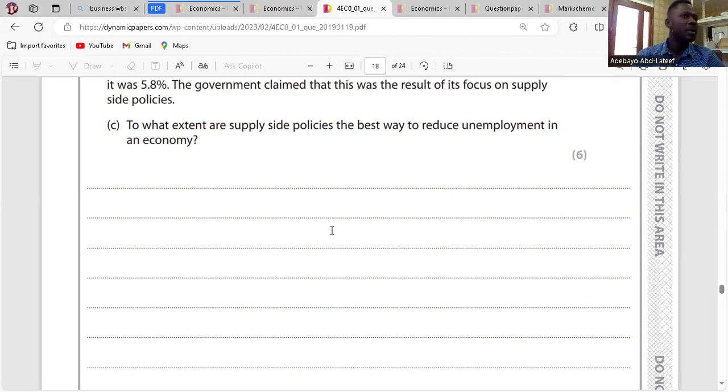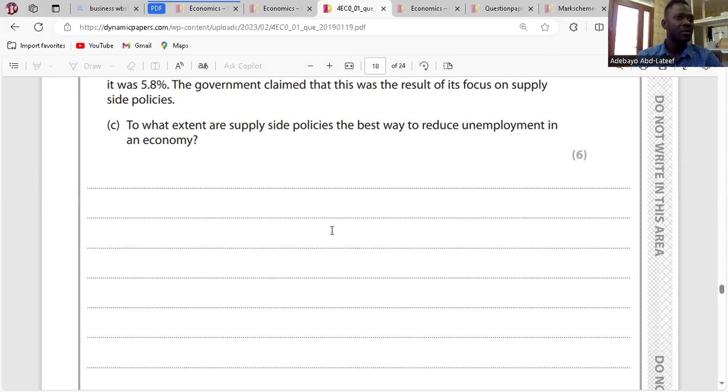So if there's unemployment, the government might try fiscal policy instead of supply-side policy.